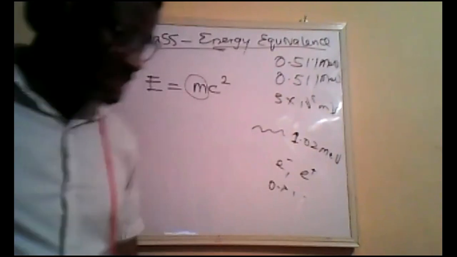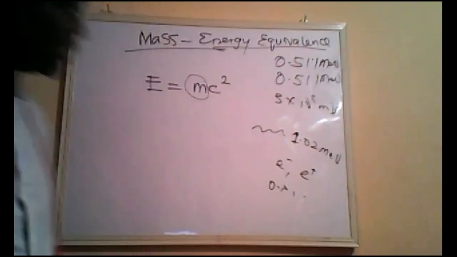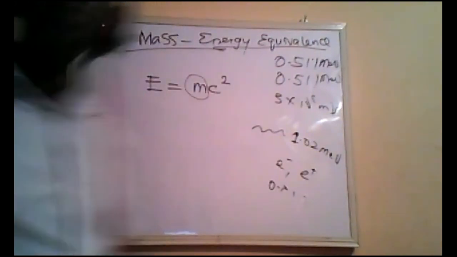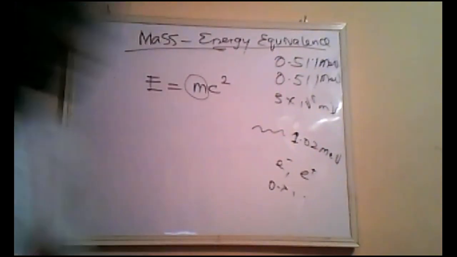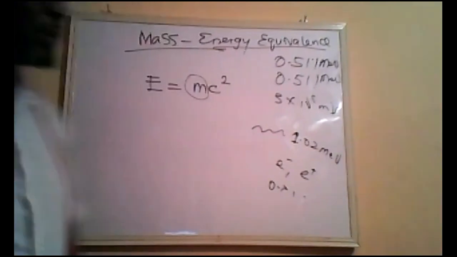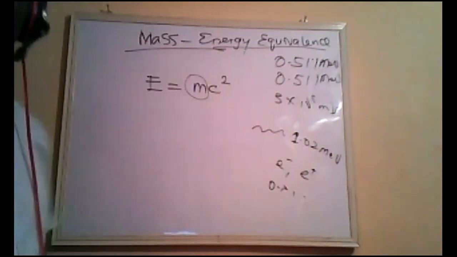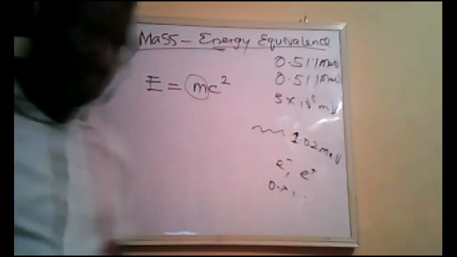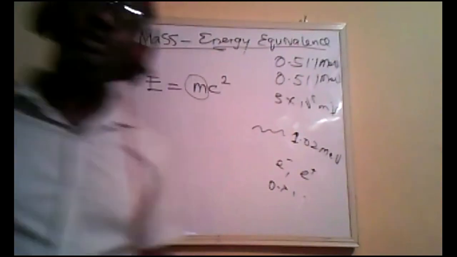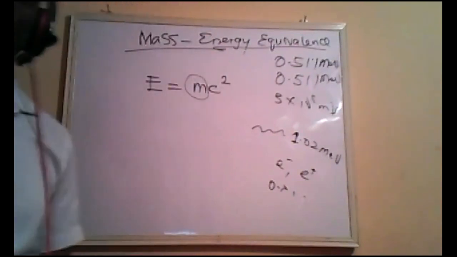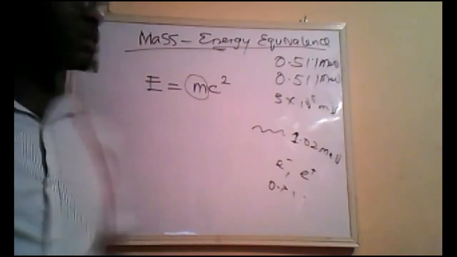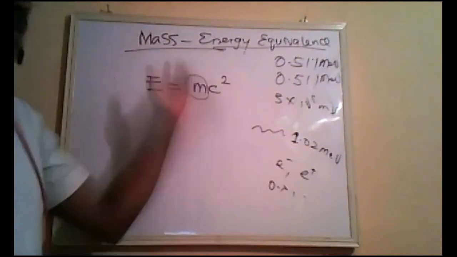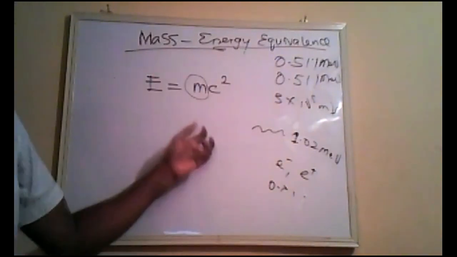Having said all this, it's time for us to go into the much more detailed topic of atomic structure, because all these things we have been saying are just precursors. They prepare us for the discussion on atomic structure, since once in a while we'll be looking at some of these simple equations.